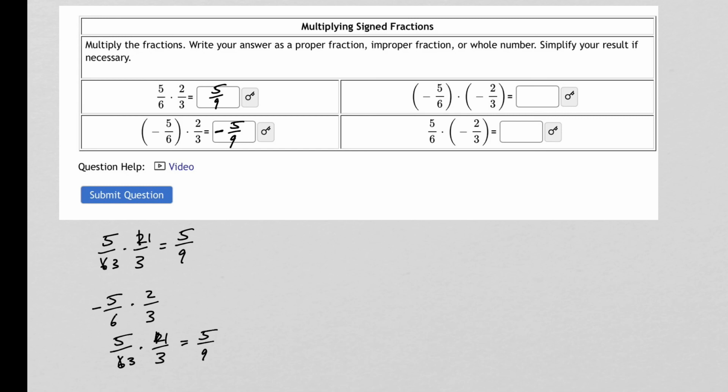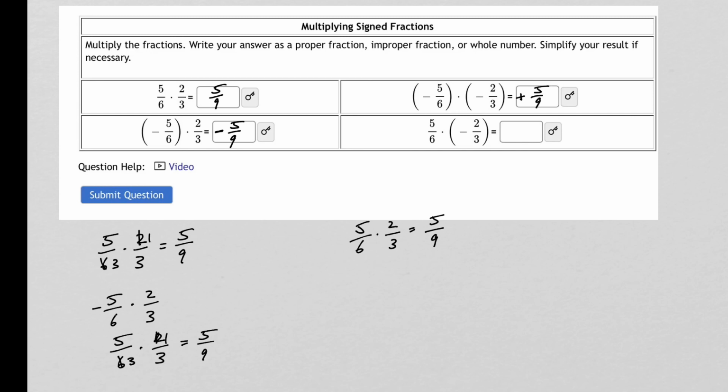Okay, over here I have a negative 5/6 times negative 2/3. So it's negative times negative, so it's going to be positive. And then again, if I multiply 5/6 times 2/3, that's going to be 5/9. Right, so this is going to be positive 5/9.